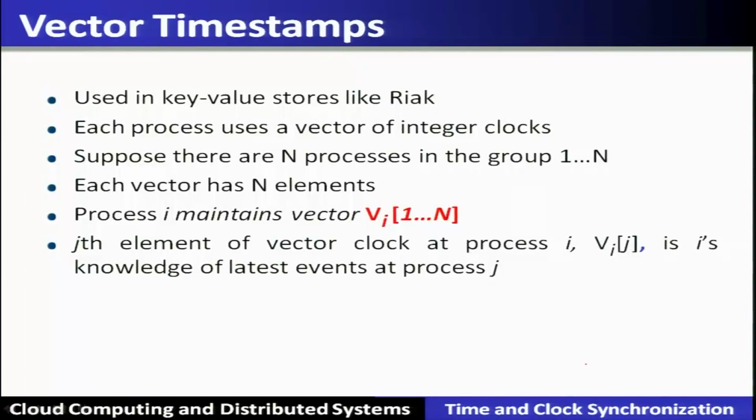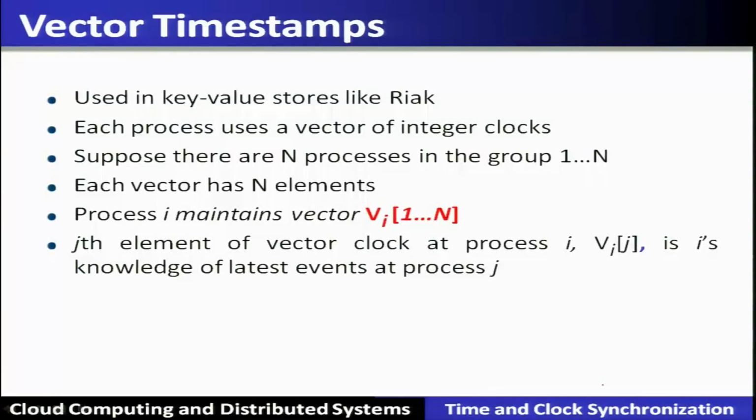So, the next clock is called vector time stamps or vector clocks, which is used in key value stores like Riak. Each process uses a vector of integer clocks. Suppose there are n processes in a group, 1 to n, and each vector has n elements. So, process i will maintain the vector i for each process 1 to n.